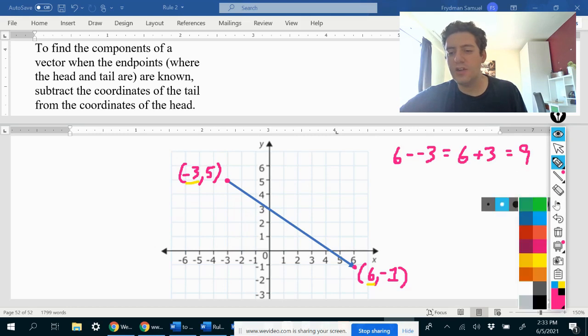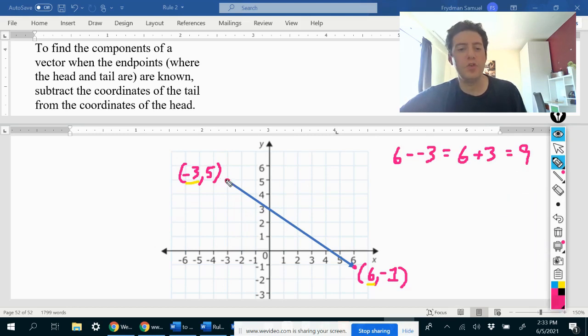And you can see here that if we drew some i vectors in here, there should be 9 of them. 1, 2, 3, 4, 5, 6, 7, 8, 9. Now let's go ahead and subtract the y values. So I want to do this one minus this one.